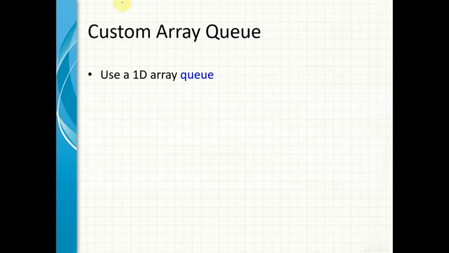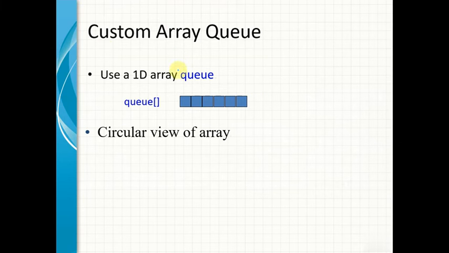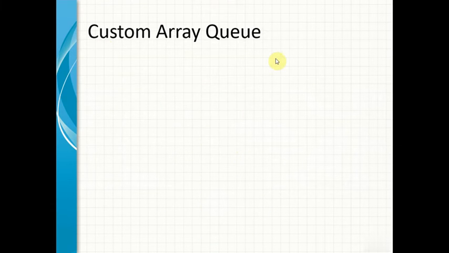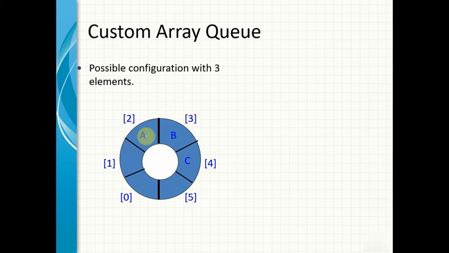So if we use a one-dimensional array queue, originally we would like this, but actually it is a circular view. 0, 1, 2, 3, 4, 5, then 0. So in other words, if we have 3 elements put in this array with a capacity of 6, it would be placed like this.